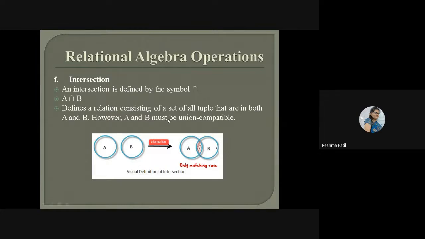However, A and B must be union compatible. This is your intersection part, and this is the final result of your query A intersection B.